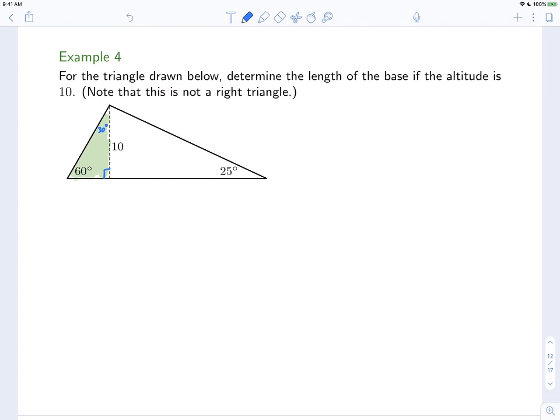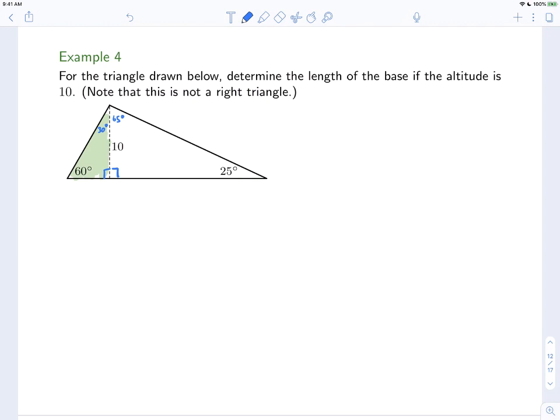On the other side, this triangle is also a right triangle, where here we have a 90-degree angle, a right angle. This is a 25-degree angle, and so that means that this is a 65-degree angle here. So we're going to use these smaller right triangles to answer this question.